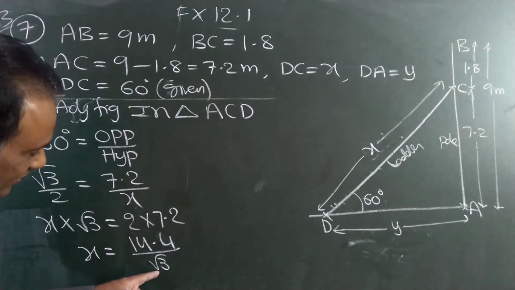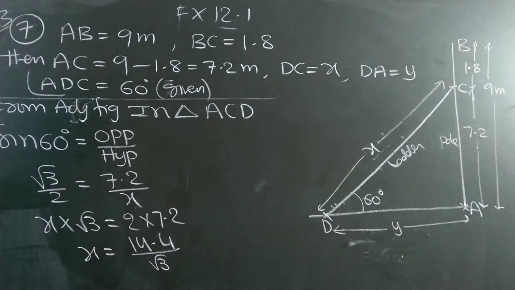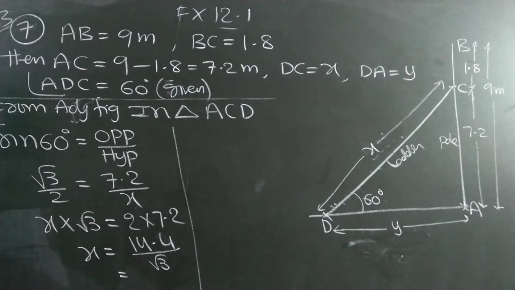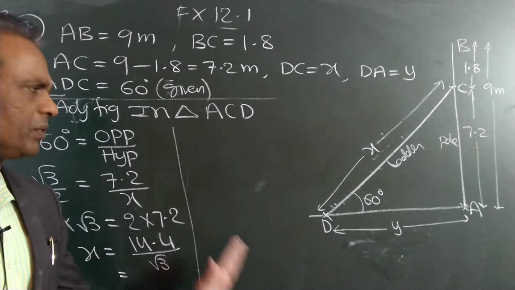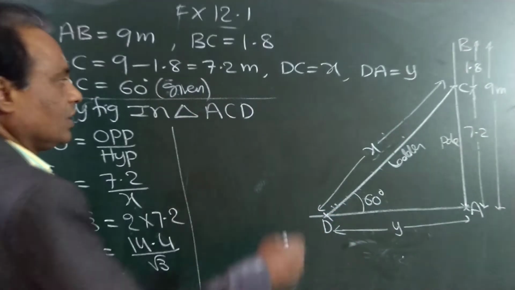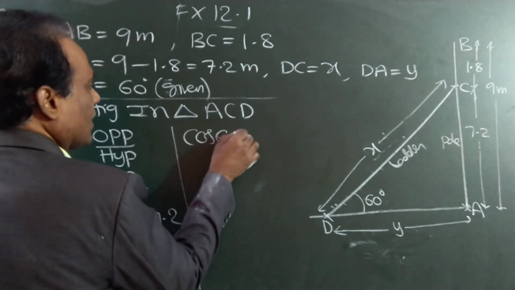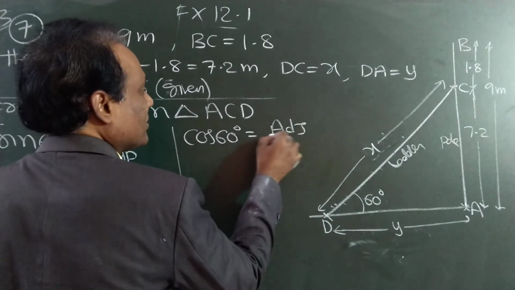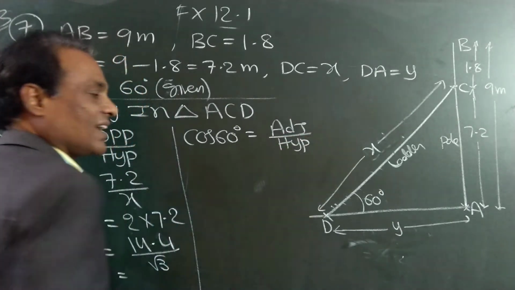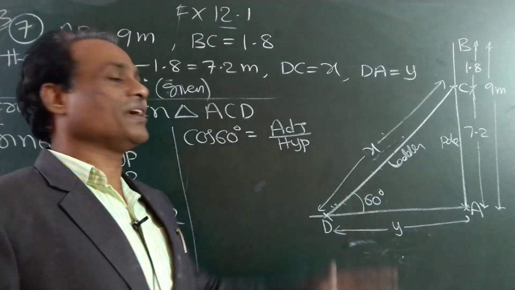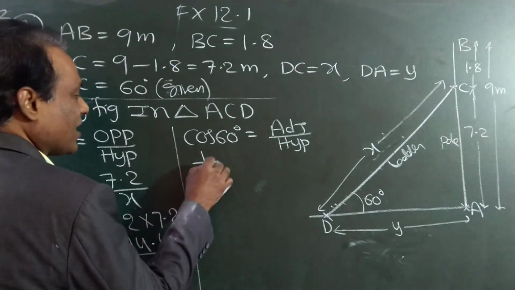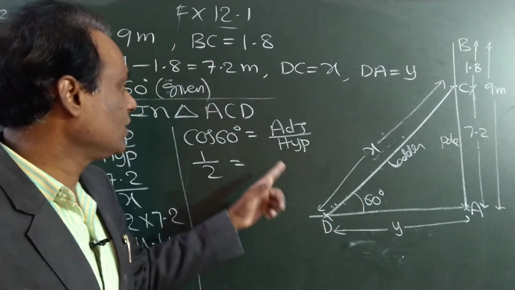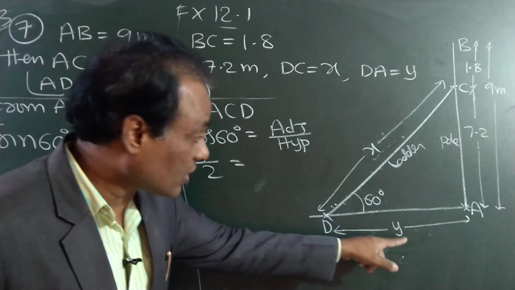But whenever there is a root in the denominator, we have to simplify, multiplying and dividing with root 3. First I will explain y also. Cos theta is equal to adjacent by hypotenuse.